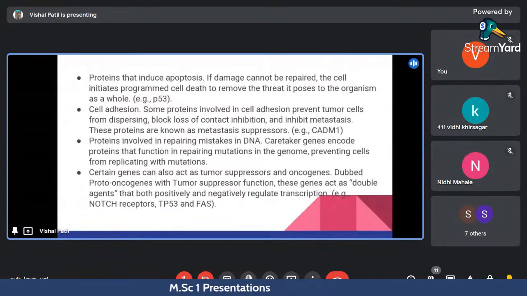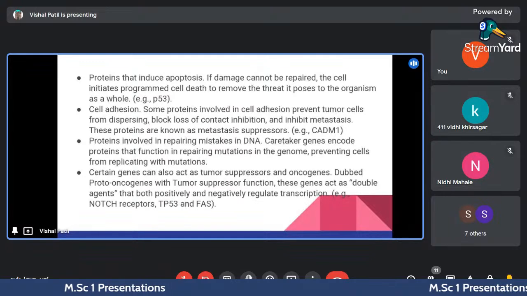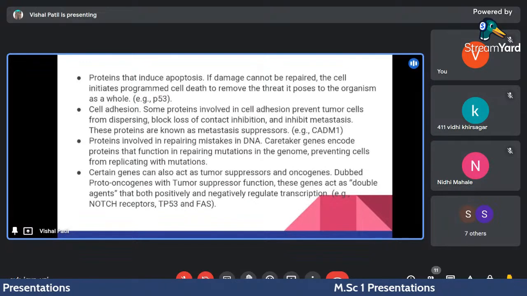These proteins are known as metastasis suppressors. Proteins involved in repairing mistakes in DNA: caretaker genes encode proteins that function in repairing mutations in the genome, preventing cells from replicating with mutations.